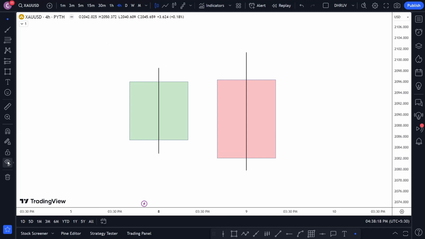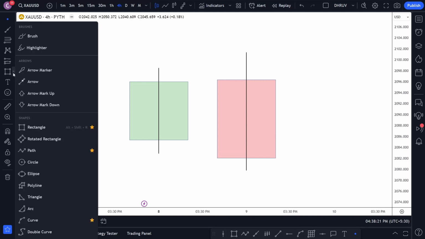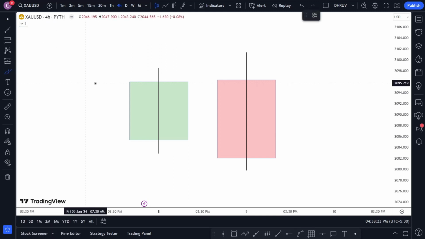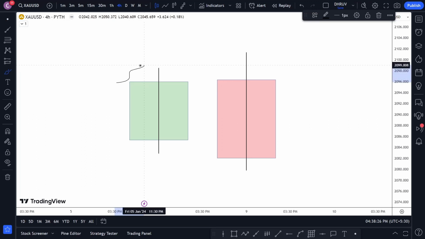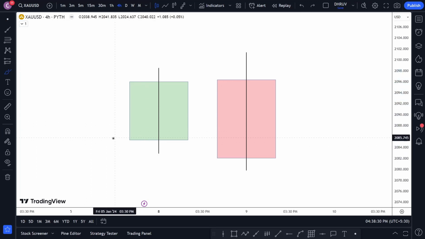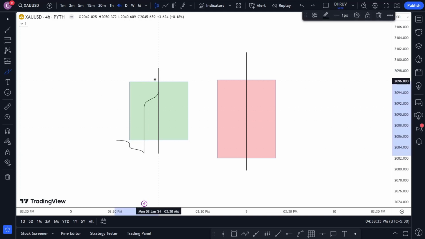Quasimodo engulfing pattern. Why do I say that? Let me just put in the marker. So this is how the OHLC will look. Sorry, this is the open, this is the low, this is the high, and this is the close for the case of a bullish candlestick.